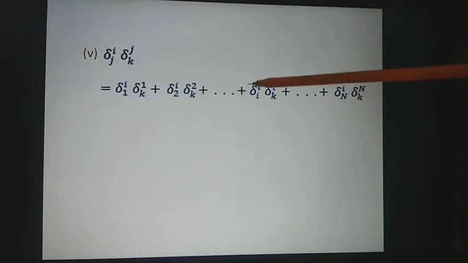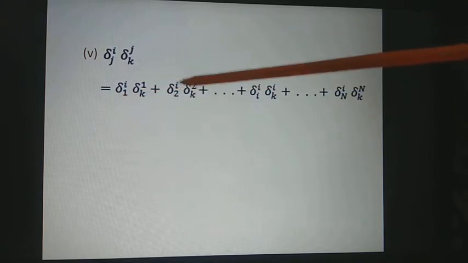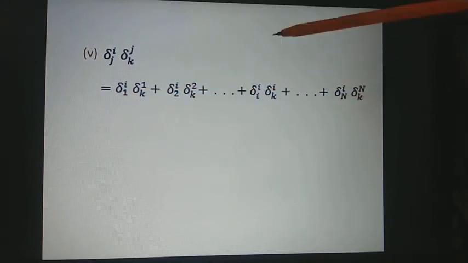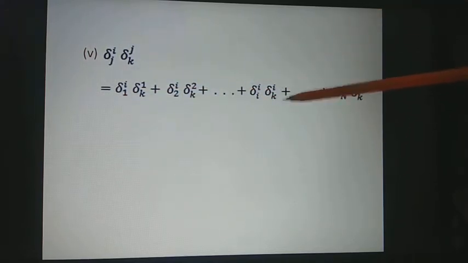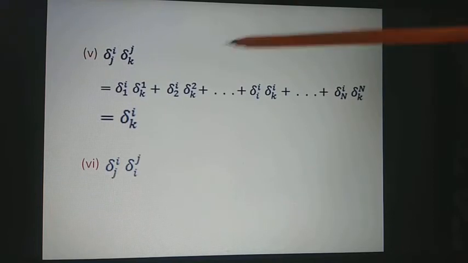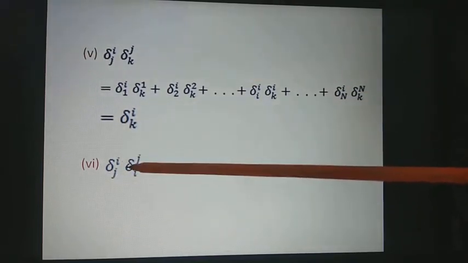Again, except this delta II, all other deltas become 0, and therefore this is 1 into delta Ik, that is equal to delta Ik. The next result is delta Ij delta Jk.